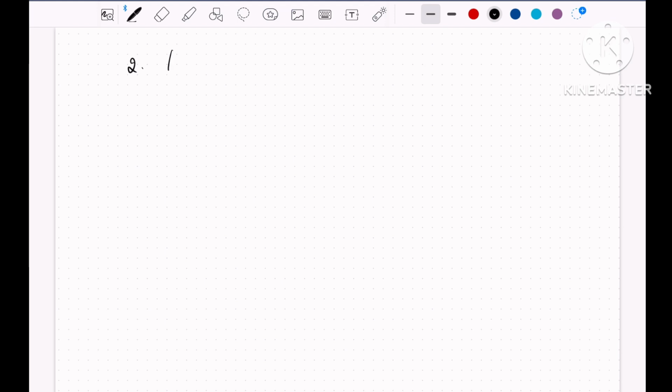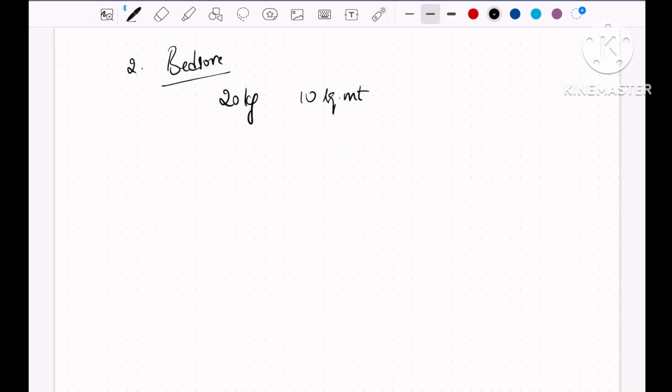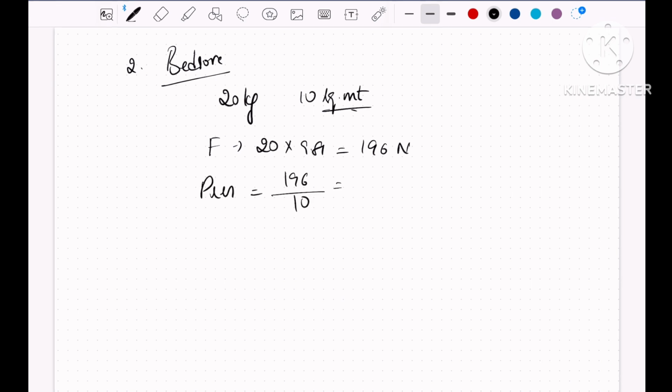Another example for this is the formation of bed sores in an immobilized patient. Suppose 20 kg of the patient's weight is supported by an area of 10 square meters, then the force generated is 20 into 9.81, that is 196 Newton, and the pressure is 196 by 10, that is 19.6 kilopascals.